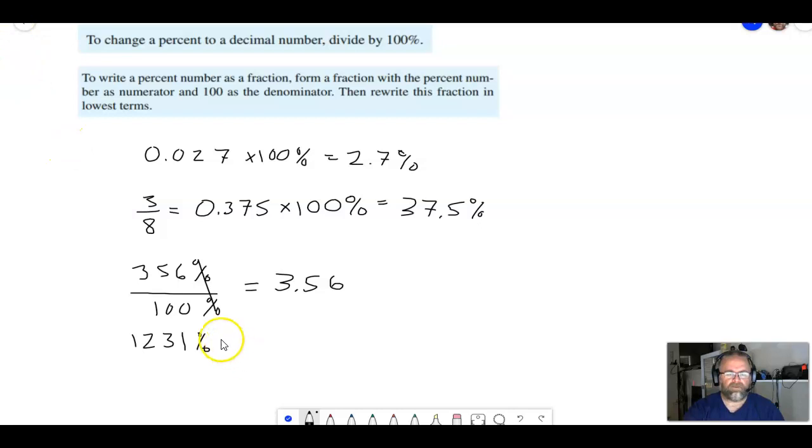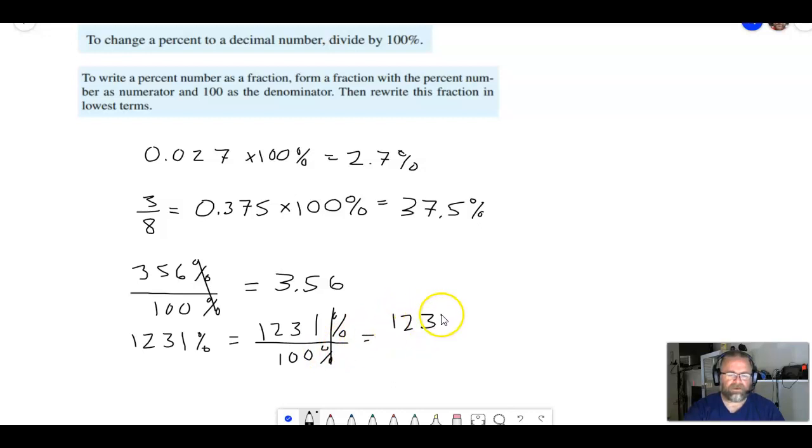Remember from the previous example, we can write this as 1231% all over 100%, just like we did in the last one. Now the percents will cancel out, and instead of getting a decimal, I'm just going to leave it as the fraction first.